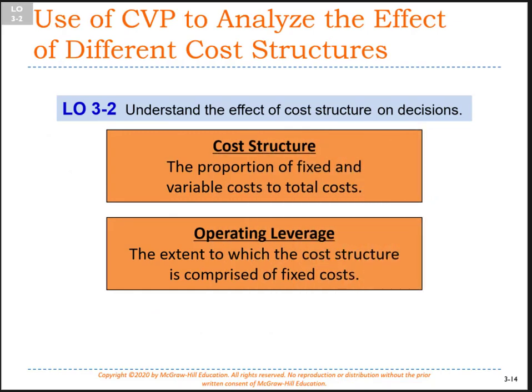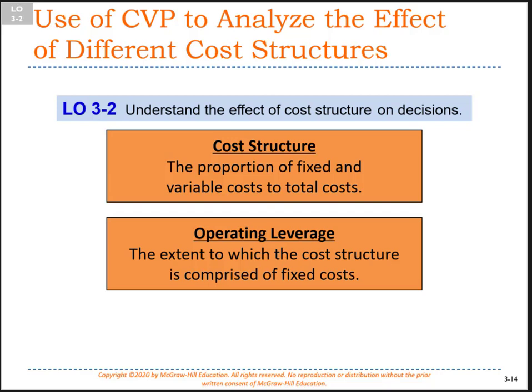So, when you think about this, we want to think about what our cost structure is in our business or in our piece of our business, because many times we want to look at it in pieces. Maybe each product, each department, each factory may have its own cost structure, and that is how much fixed cost versus variable costs.